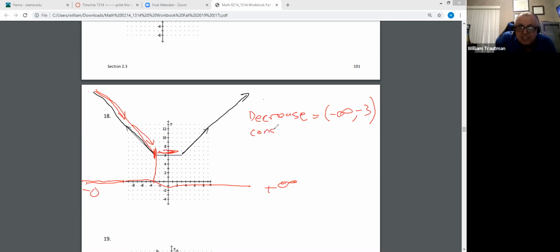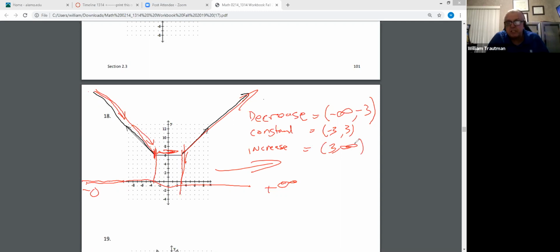So it's constant from -3 to wherever this is, 3. And then it's increasing from 3 to infinity. You never put brackets for increasing or decreasing intervals because those are changing points. It's not increasing or decreasing, it's changing.